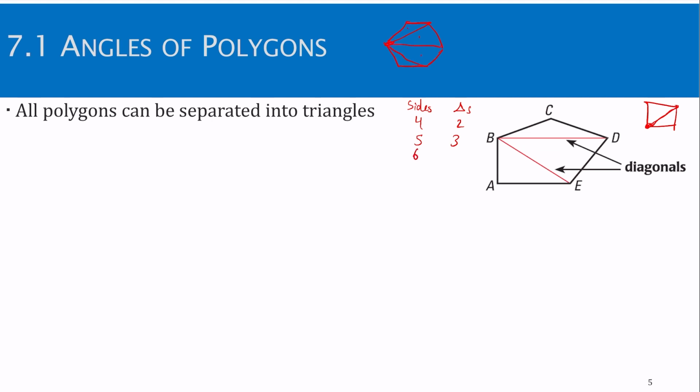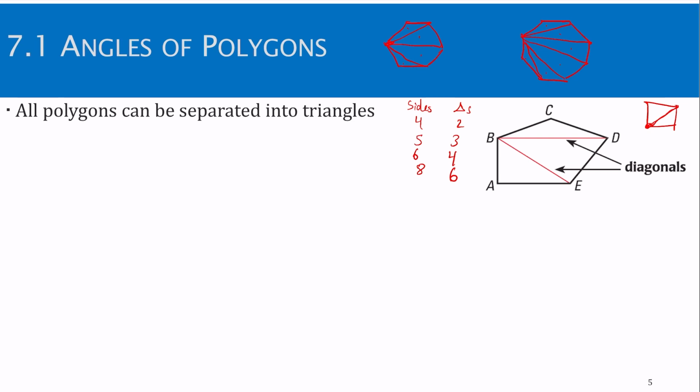There's 1, 2, 3, 4 triangles. Let's do 8 sides. Draw all the diagonals from one vertex. If I have 8 sides, I have 1, 2, 3, 4, 5, 6 triangles.